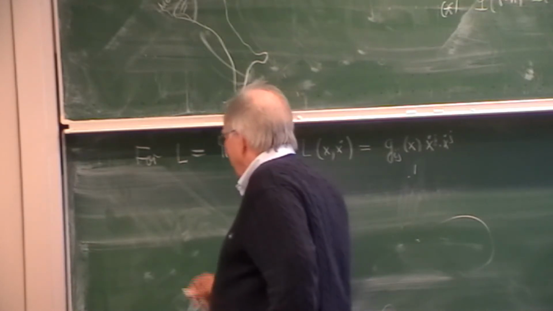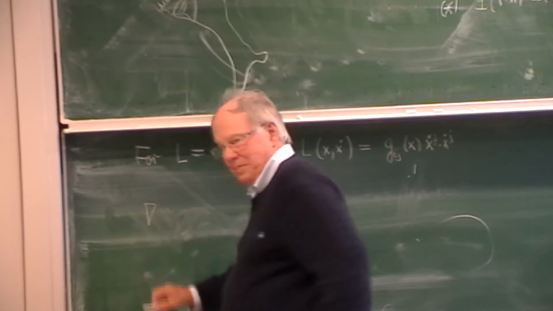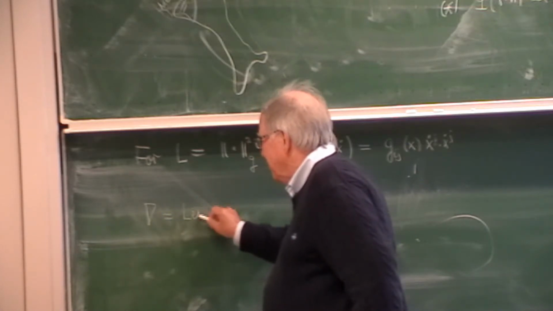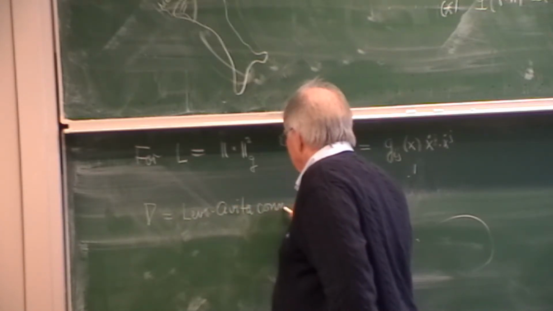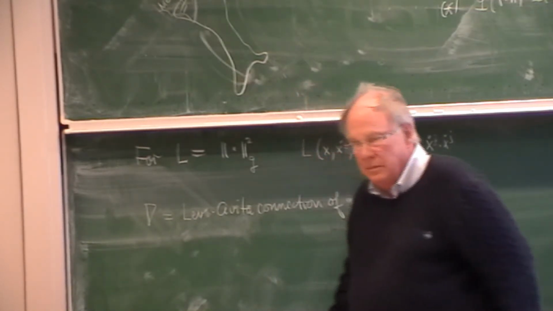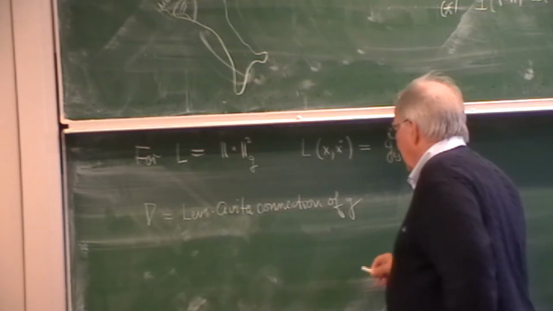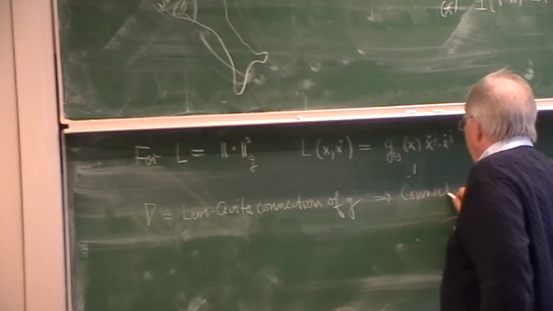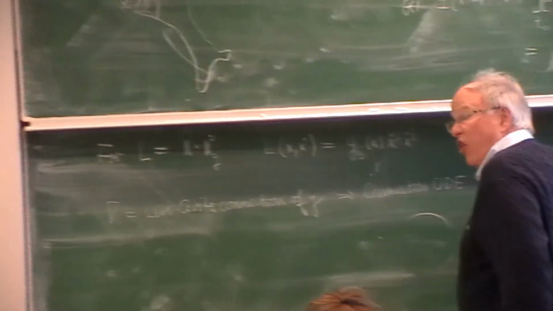He mentioned that I forgot a key point. If you take nabla to be the Levi-Civita connection, the symmetric metric connection of G, then the connection ODE and the Euler-Lagrange ODE are identical.